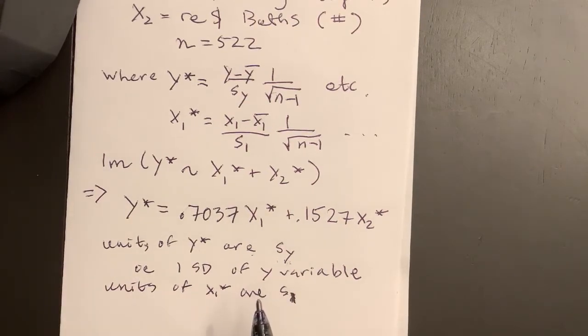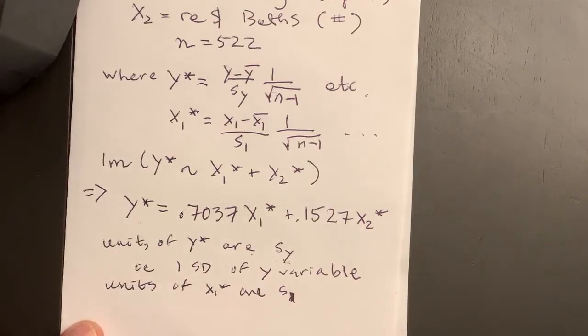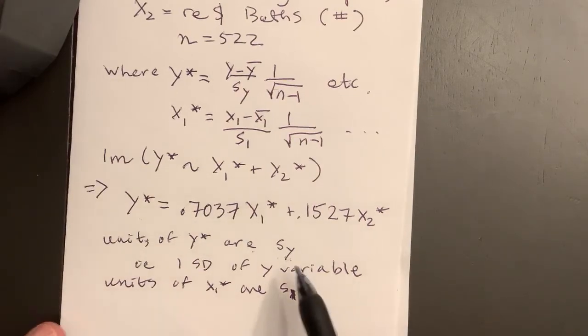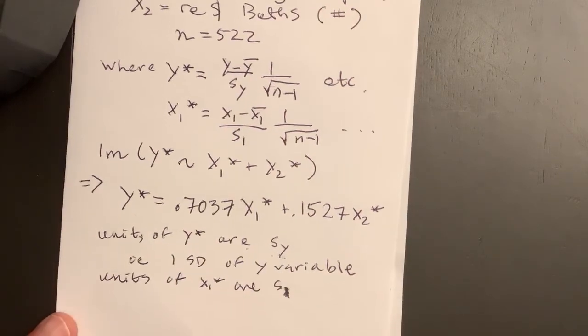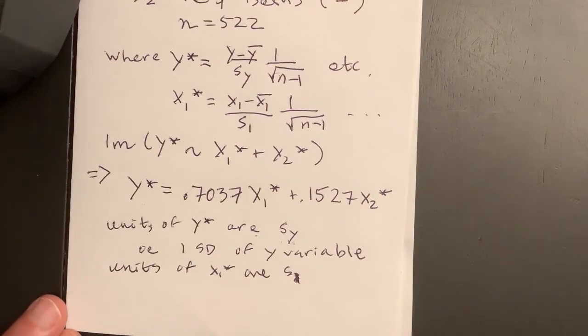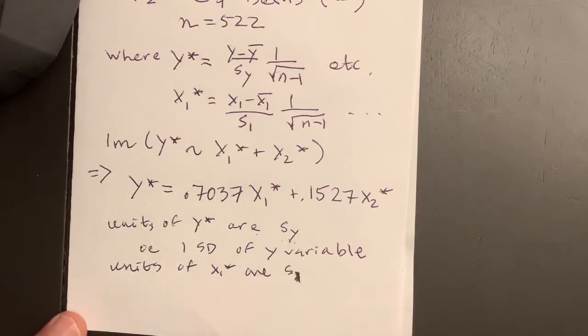I actually do know what it is. The price is about $138,000. So the units of y star is $138,000. But I can just speak generally now and say the units of y star is 1 standard deviation of the price column. Okay, so it's in units of dollars still, but it's not single dollars. It's in chunks of $138,000, or in chunks of 1 standard deviation.